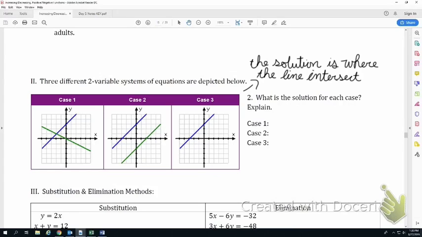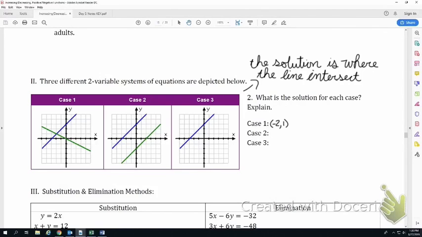So, looking at case 1, what is the solution there? Negative 2, 1. Situation 2, what is that?